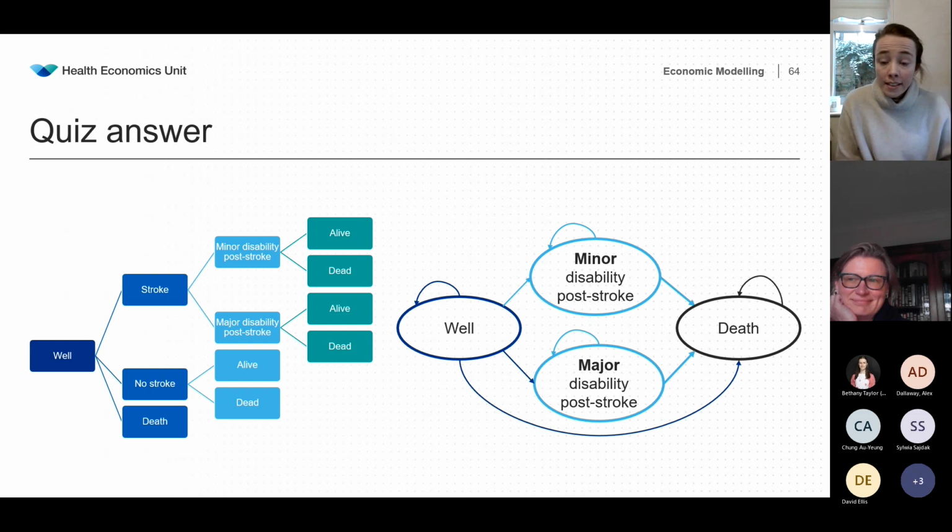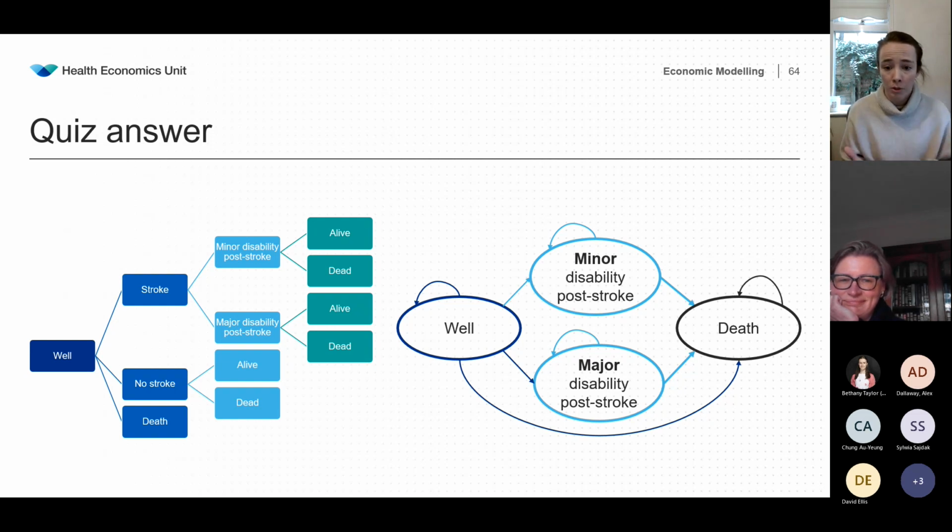Okay, so this is what I put as my answer. The point I want to make is that we've said a few times in this course that all models are wrong, but some are useful. It's generally not the case that one is wrong and one is right. There's no correct answer and wrong answer. It's, is the model useful for what we're trying to do with it?